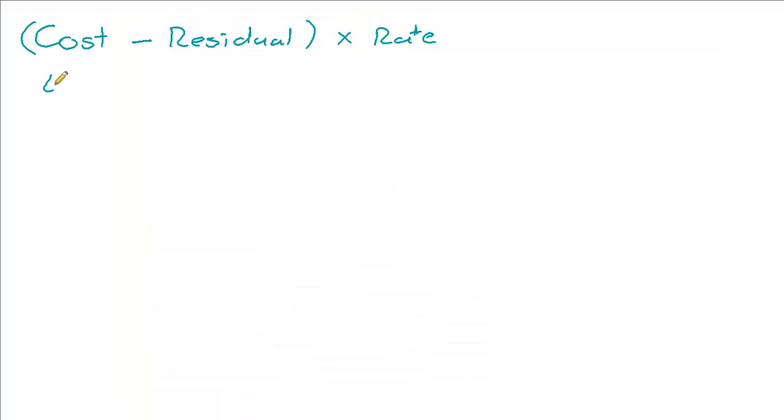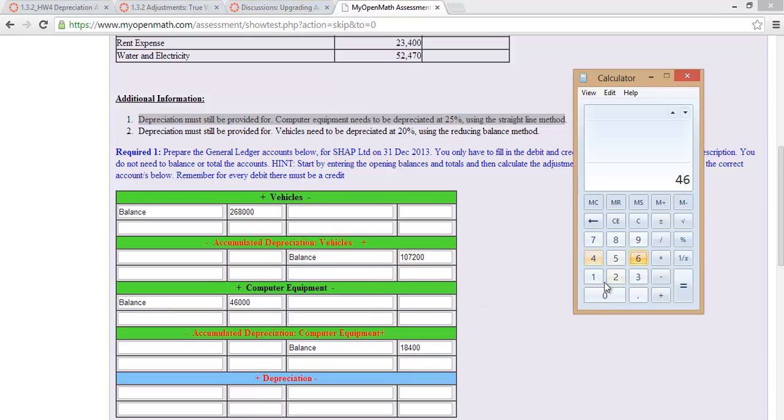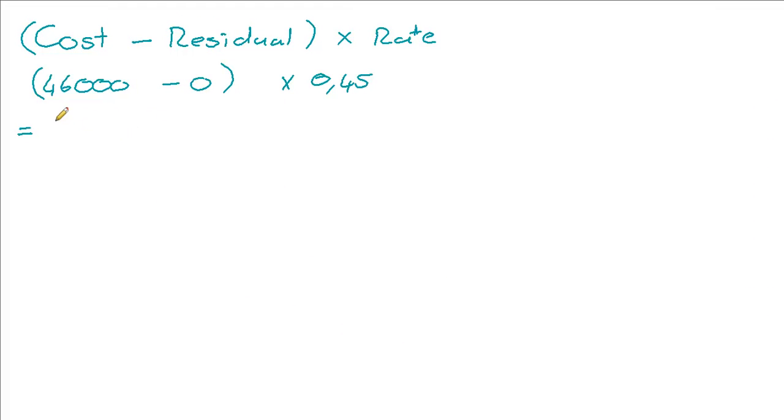So we're going to say 46,000 Rand minus 0 times 0.25, and if I use my calculator for that, I'm going to get 46,000 Rand times 0.25, which is equal to 11,500 Rand, and that's my depreciation for equipment. Brilliant. So the answer here is 11,500.